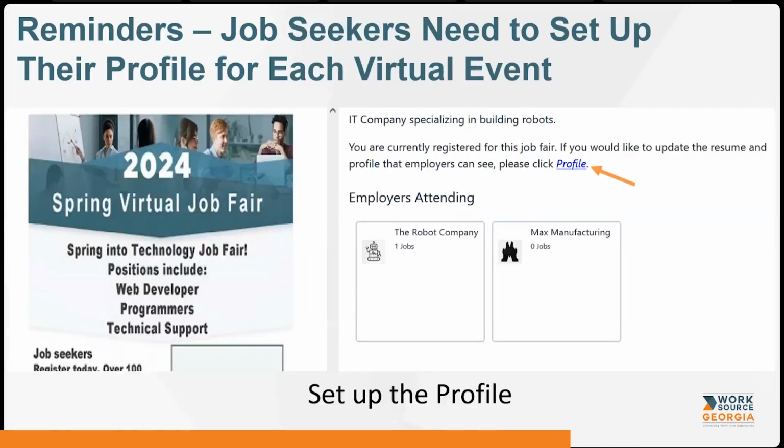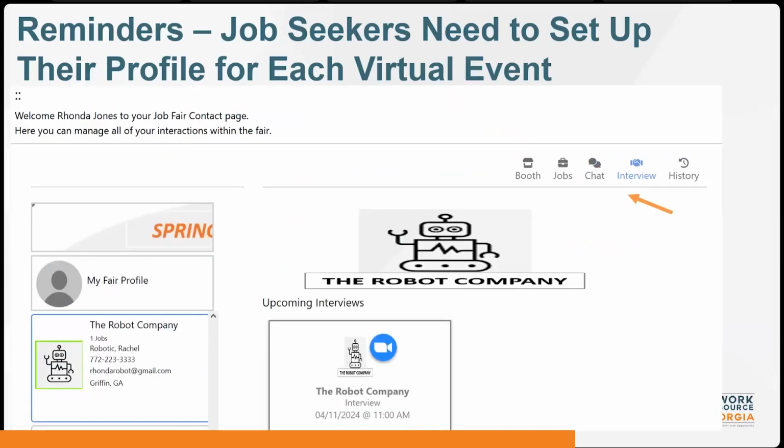If they are registered, they're going to get a page just like this, where they select profile and update their profile. And that's where we went in and selected the resume that we want the employer to view for that particular position. Job seekers also have the ability to view any interviews, chat, look at the booths and the jobs, and their history on that profile. When they select the profile, this is the page that it takes them to.